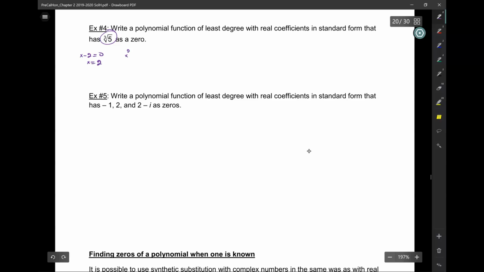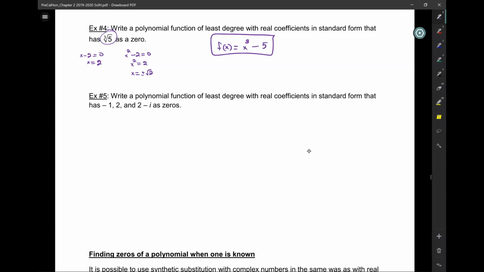If I have x squared minus 2 is equal to 0, then what's x? X squared equals 2. X is plus or minus root 2. So this x squared gives me a square root. So if I wanted to get a cube root, then it would have to be x cubed. So it would be f of x is equal to x cubed minus 5.